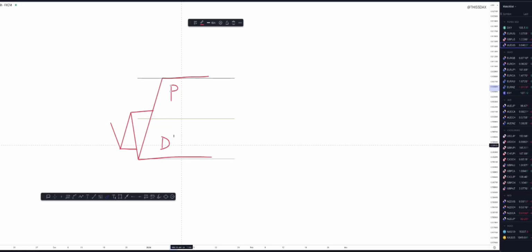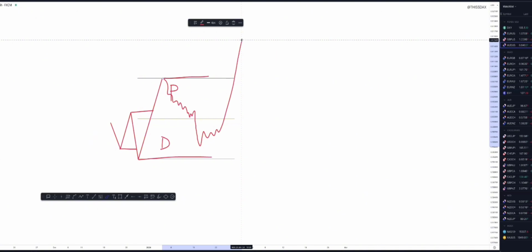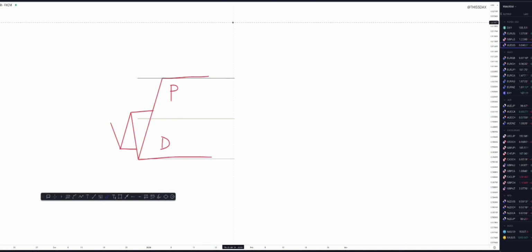Immediately price gets into the discount zone, you start looking for buy opportunities. I hope you are getting it. Yeah, that is the first way I use the Fibonacci tool.